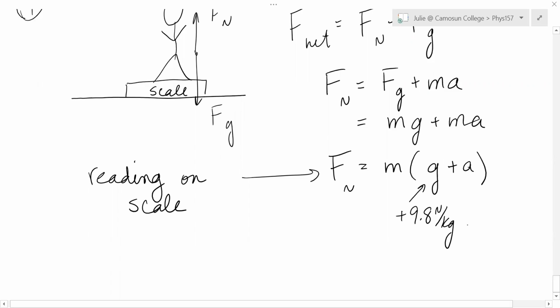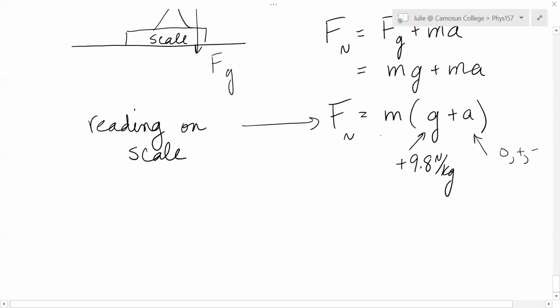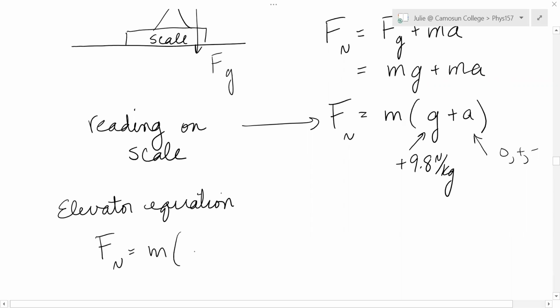That's never negative. But a could be 0, or positive, or negative. It depends what's going on. And the mass never changes. Okay, so I call this the elevator equation, and you can start right here for any elevator question. Reading on scale is m times (9.8 plus a).